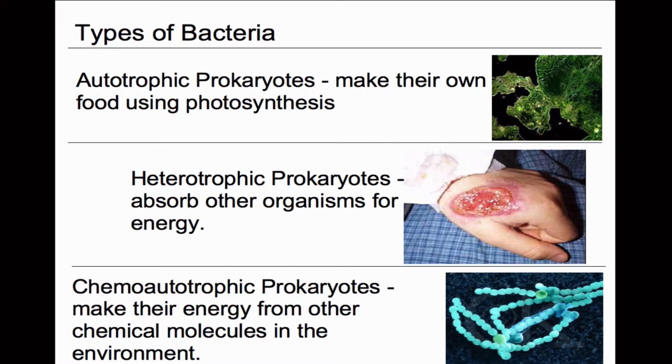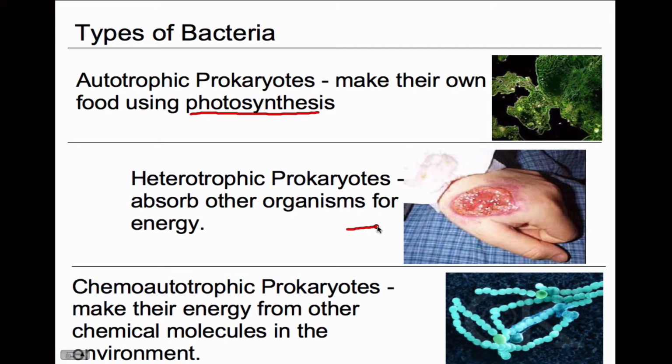So there are different types of bacteria, and autotrophic prokaryotes make their own food using photosynthesis. So these are bacteria that use photosynthesis to make their own food. Heterotrophic prokaryotes would be bacteria that absorb other organisms for energy.